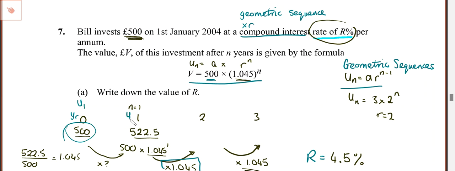So at the end of year 1, it would actually be U2. So that's the difference. This is why this is n minus 1, but this is just n. There is a slight difference because you are applying it to a real world context.